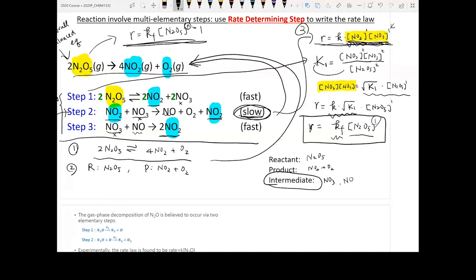If it is not the same as your reactant species, you need to use equilibrium constants to do some substitutions. So eventually, the rate law you have, this species belongs to your reactant. Those are the 4 steps that you need to pay attention to in order to determine the rate law based on your elementary steps.